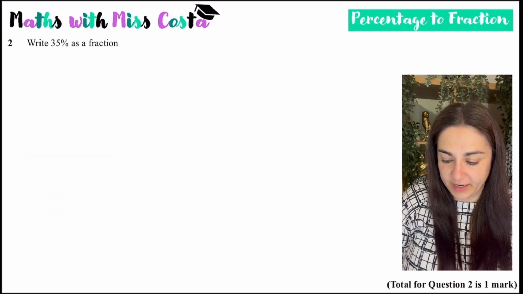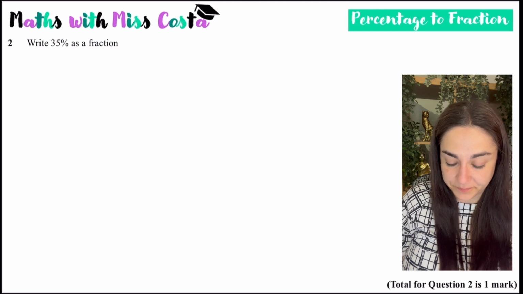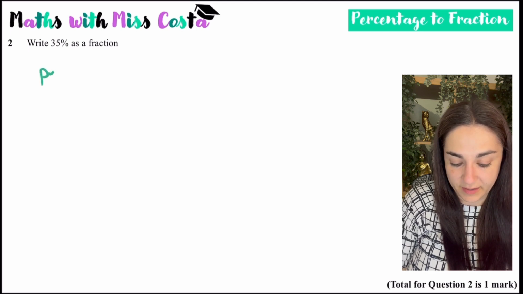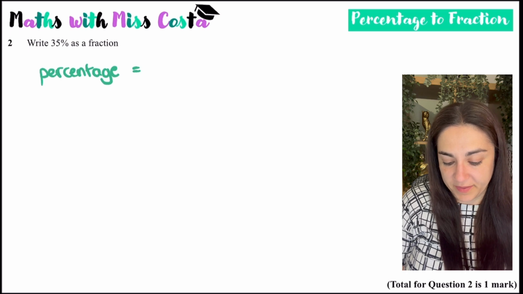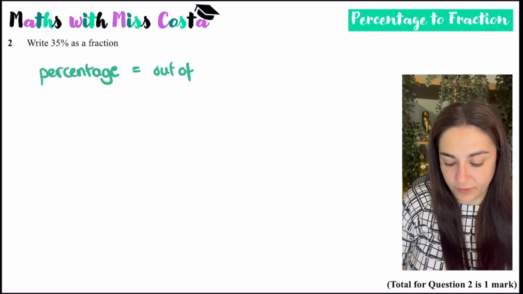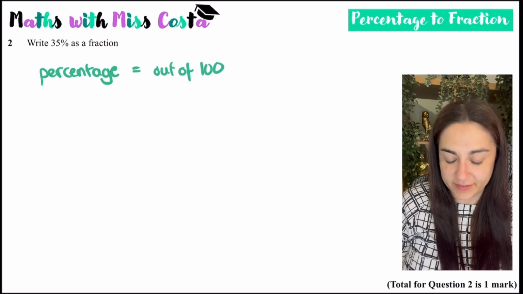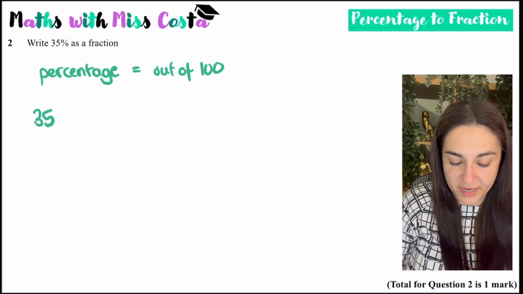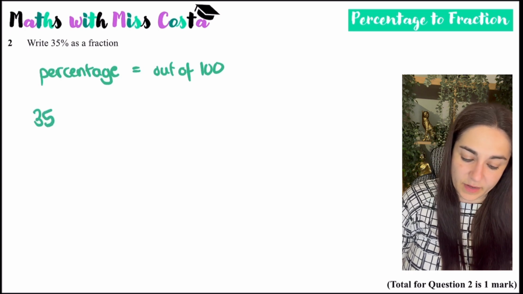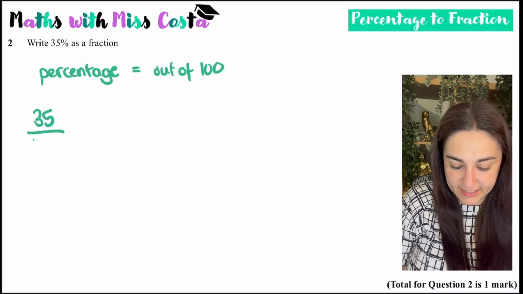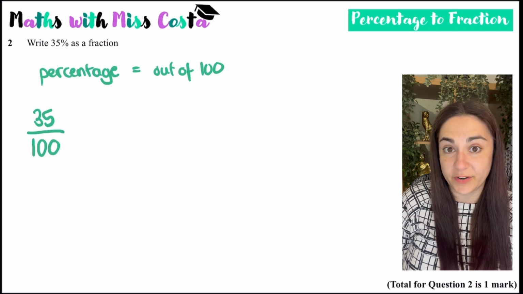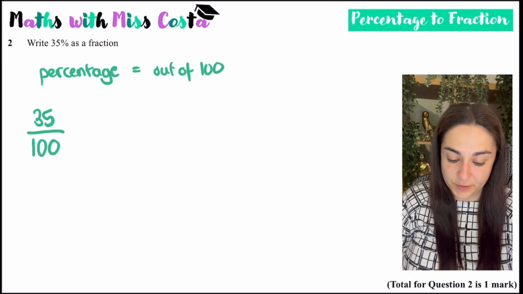Next, we need to turn a percentage into a fraction. Now, the definition of a percentage is a number that is out of 100 or divided by 100. So 35%, automatically I can just write it as 35 out of 100.